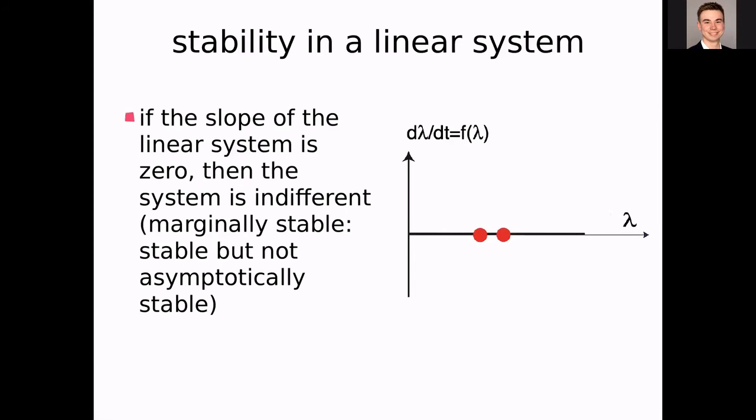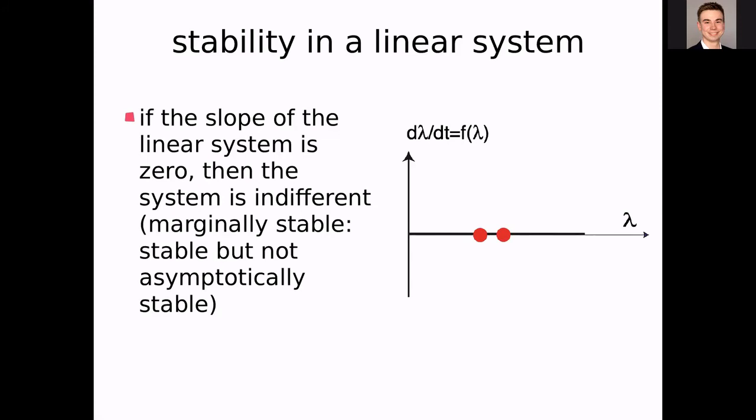So what happens now when the slope is zero? This is called marginally stable. In principle, every state here is stable. But if it is perturbed, it's not going to be driven back to its initial state, right?